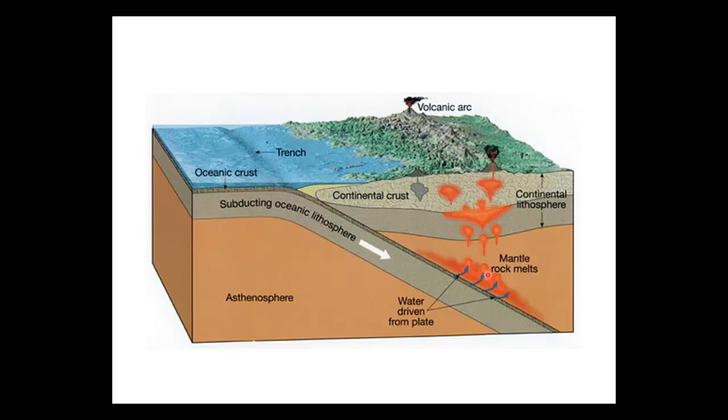That partial hydration melting of the ultramafic mantle rock produces mafic magma. That mafic magma then rises up towards the surface. If, as it rises to the surface, it encounters intermediate rocks such as is characteristic of the continental crust, it can in turn cause heat transfer melting of that continental crust, producing silicic magma.